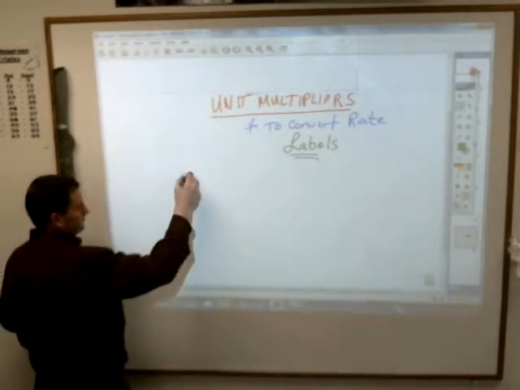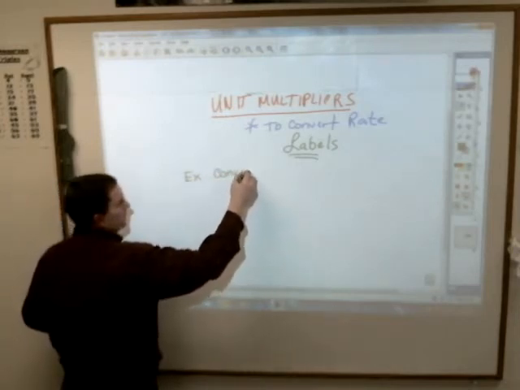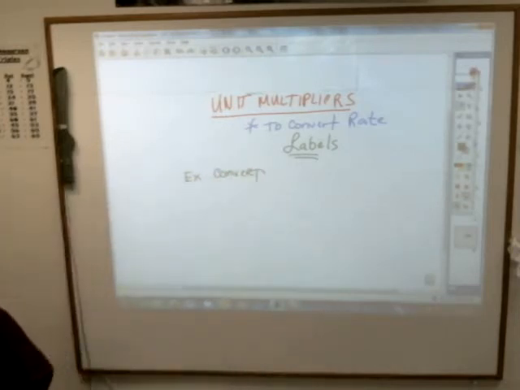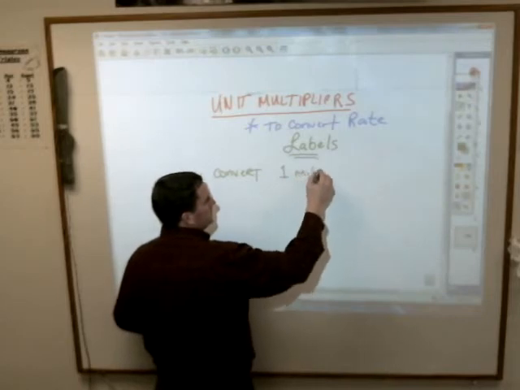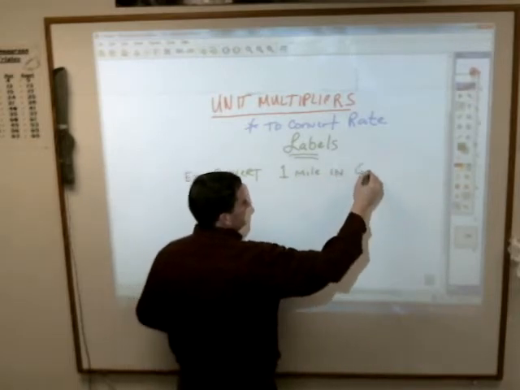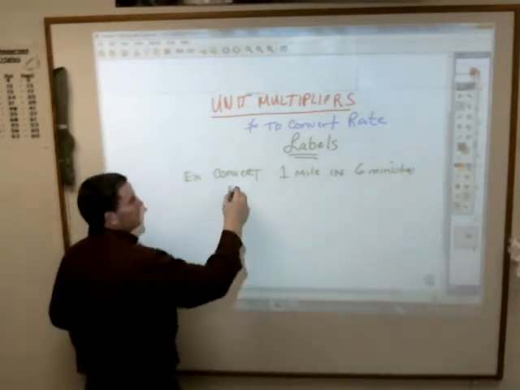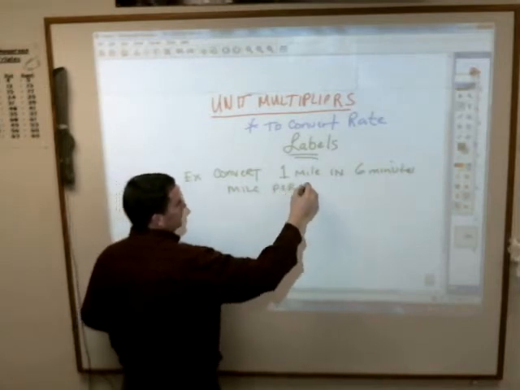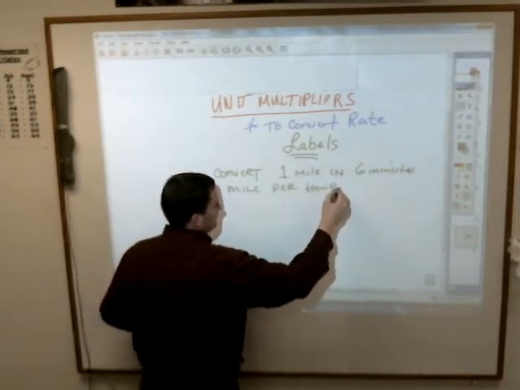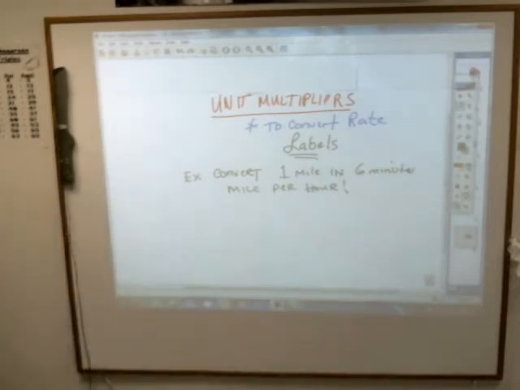For example, if I asked you to convert, what's the book say here? A mile in 6 minutes. Convert 1 mile in 6 minutes into miles per hour.